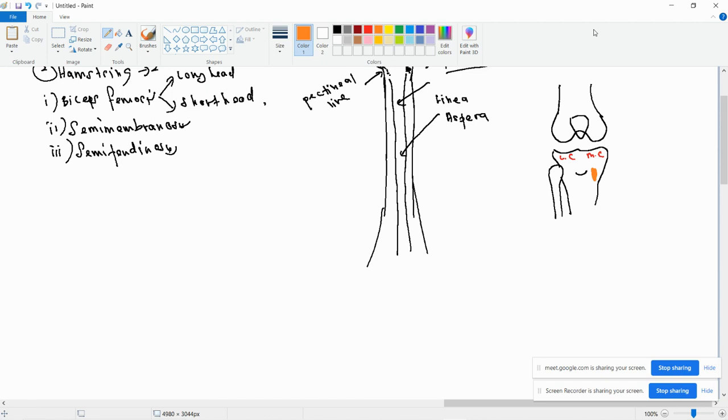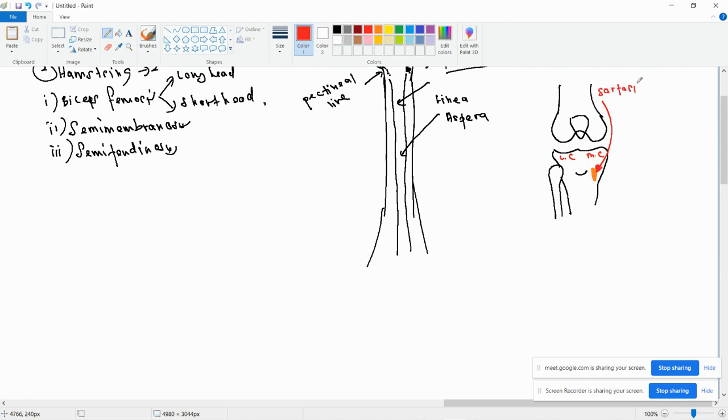But when we talk about the medial condyle posteriorly, that is the attachment site for semimembranosus. But when we talk about the anterior view, the inferior surface of the medial condyle of the tibia, this spot becomes the insertion for several muscles. The first muscle that I explained just now, class, is attached into this region, and we call this muscle sartorius.